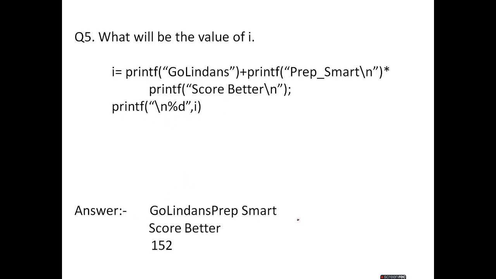Now next question. What will be the value of I? I is equal to printf go lindens plus printf prep smart multiplication operator printf score better. There are two arithmetic operators in this, addition and multiplication. First we need to perform the multiplication because multiplication has higher priority.